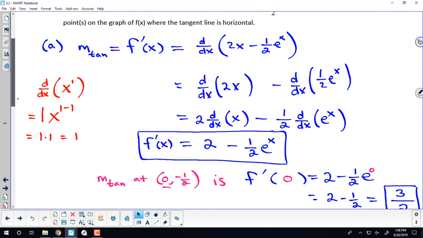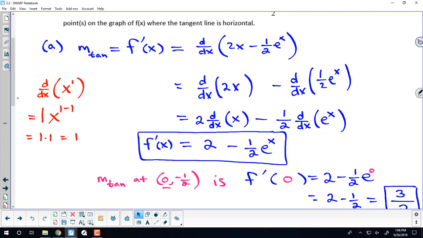We went through the derivative to find the slope of the tangent line at any given x value, and we applied our shortcut to find f prime was 2 minus 1/2 e to the x. Since we wanted the tangent line at the point 0, negative 1/2, we plugged 0 into our derivative to get the slope at that location, which was 3/2.